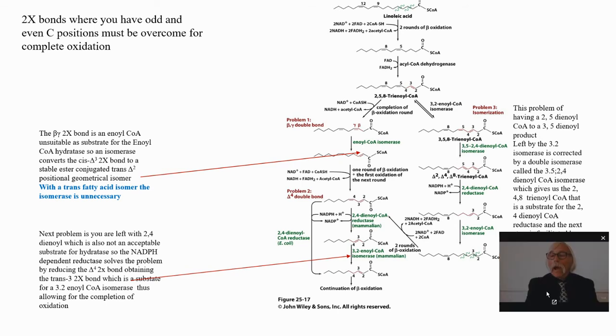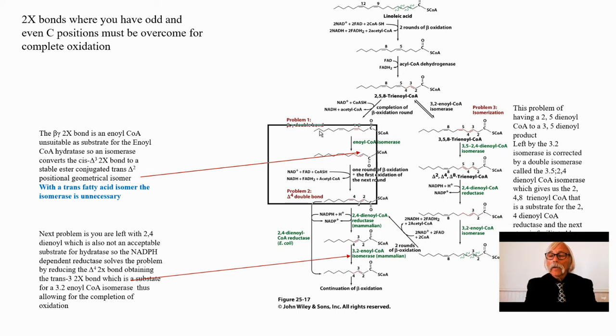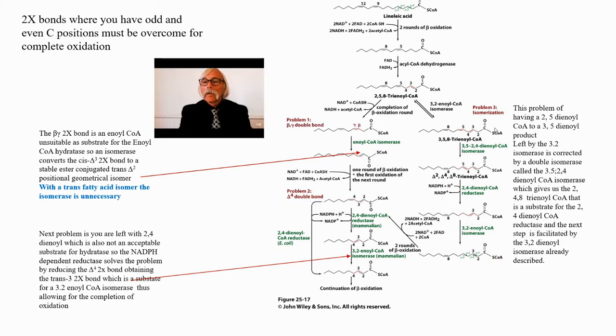Now, I want you to also notice something else. There's also a problem with the 3,5,8-trienoyl-CoA coming from the 2,5,8. You've got the trans double bond here between 3 and 4, and 2 cis double bonds, the 5 carbon and the 8 carbon.